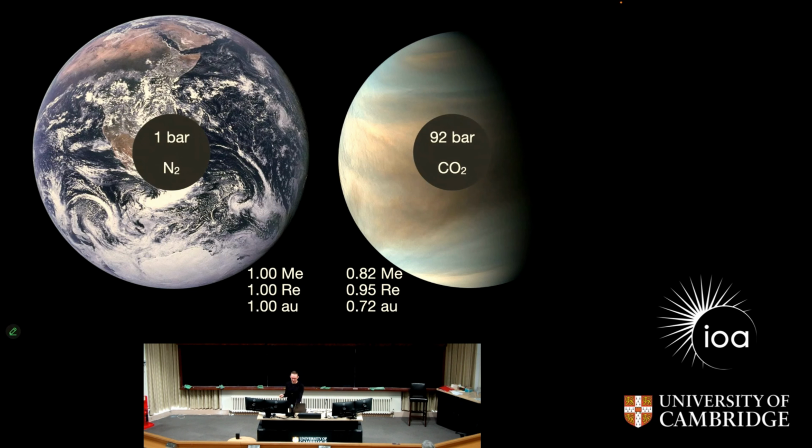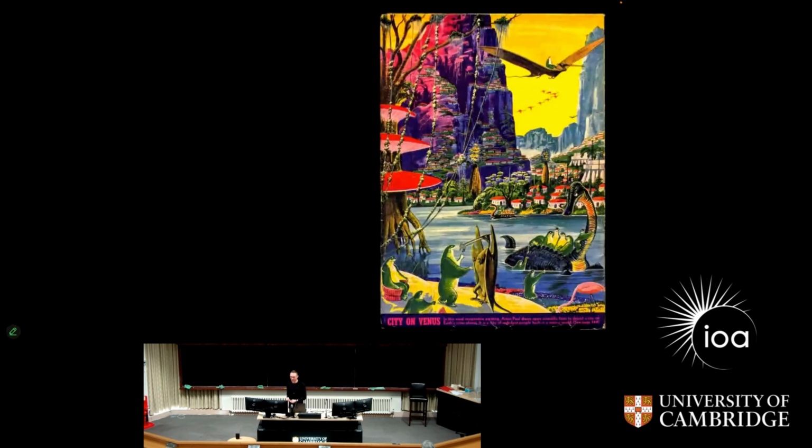It's surprisingly difficult. And our own history of thinking about Venus, I think, is evidence of how easy it is to be misled. This is an artist's impression of the surface of Venus, I think about 1904, and we're seeing a wonderful tropical landscape with dinosaurs carrying people around like buses, and lots of generally exciting looking stuff happening.